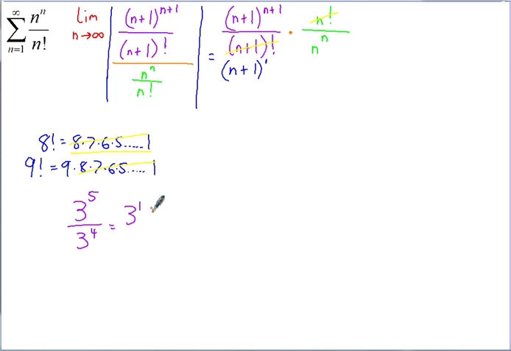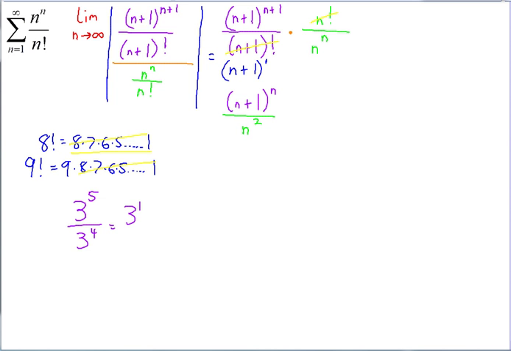So that would be 3 to the first. In that same fashion, if we take the exponent n plus 1 minus this exponent 1, you can see the 1's cancel out and you're just left with n. So we have n plus 1 to the nth power, and then this divided by n to the n.